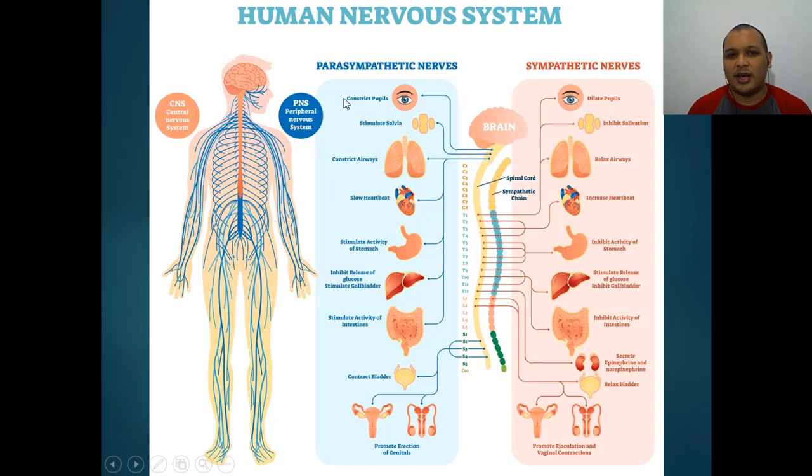Some coordinate our eye movement, some regulate the breathing mechanism, and many other things. So when you have a problem with these neurons, especially the PNS or CNS, most likely some of your body parts will not work properly.